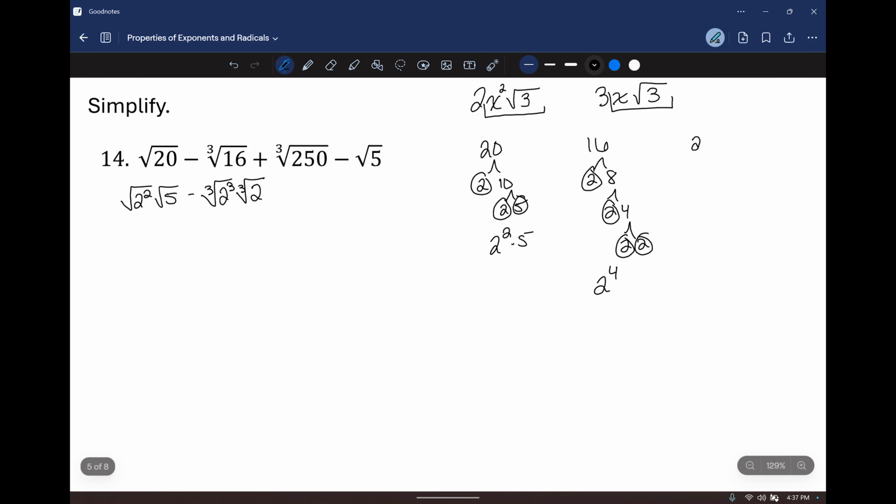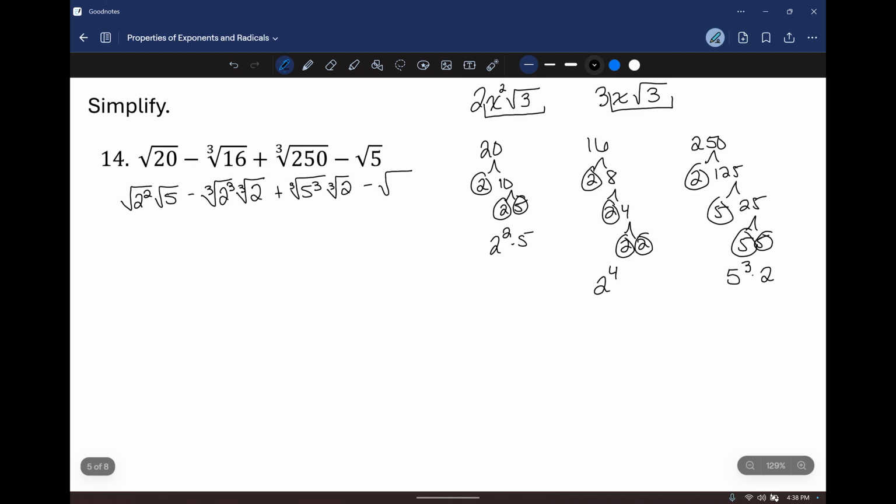Then I need a factor tree for 250. 250 is 2 and 125. 125 is 5 and 25, and 25 is 5 and 5. So I have 5 cubed with a 2. The 5 cubed is a perfect cube, so the cube root of 5 cubed is 5, and what I have left over there is 2.